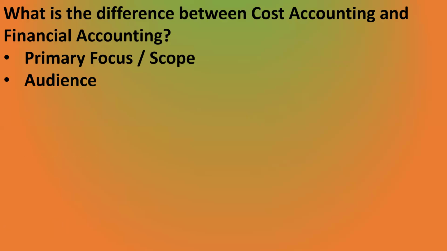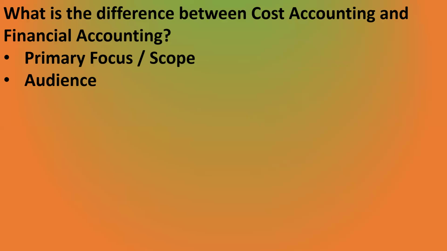Who is the audience? Cost accounting is mainly for internal management use. So, internal managers are the main targets of cost accounting, whereas financial accounting is primarily for external users.